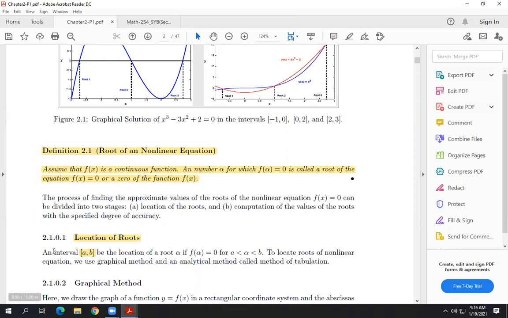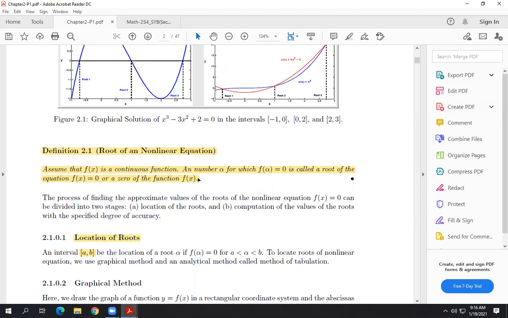If f of x is a continuous function, and a number alpha is such that f of alpha equals 0, then this alpha is called the root of the equation or the zero of the function. This is the thing we have to know.